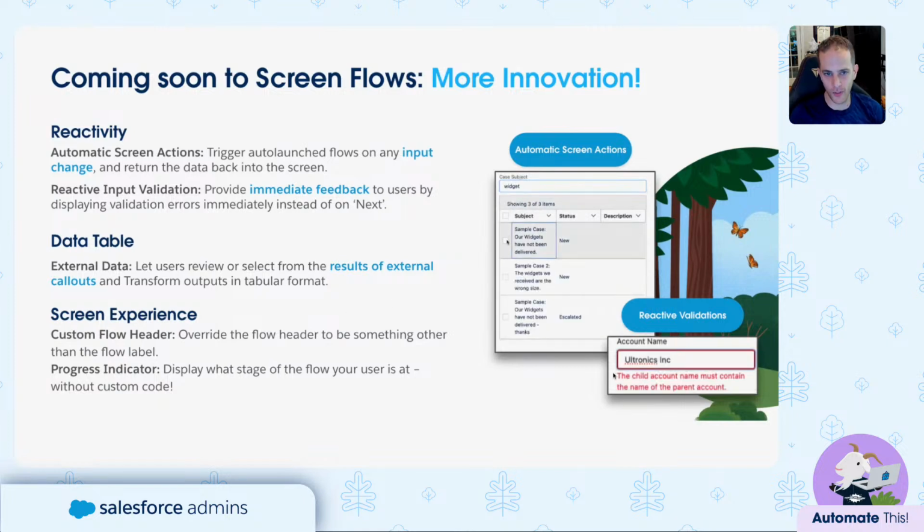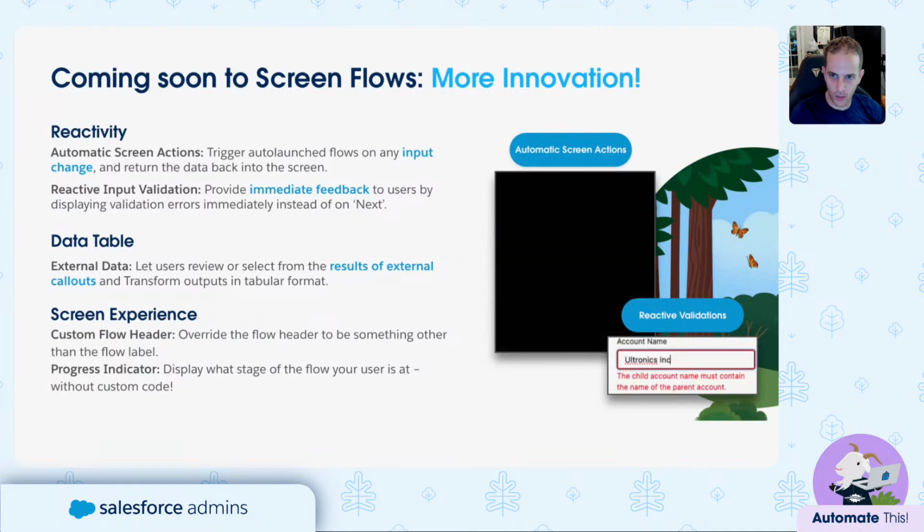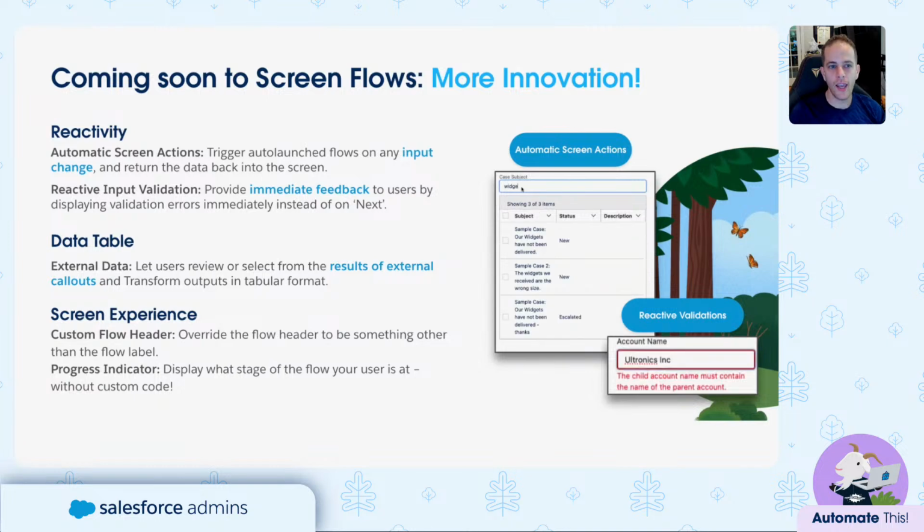So we want to actually show these errors real time to users. Combining these two things together just opens up so many cool possibilities. Imagine you're typing in an email address and we have an input validation running a screen action that says, hey, there's already an email address in the system without needing to actually hit next. So just a lot of really, really cool use cases that we can do with these two things together.